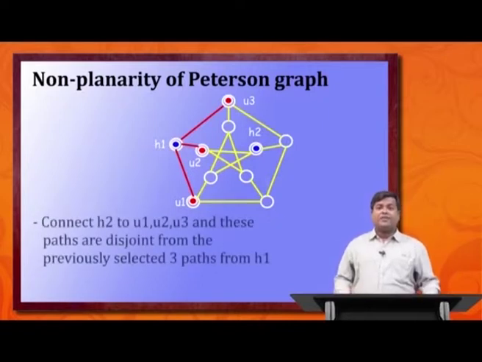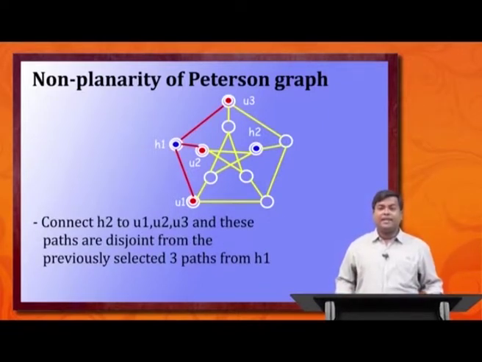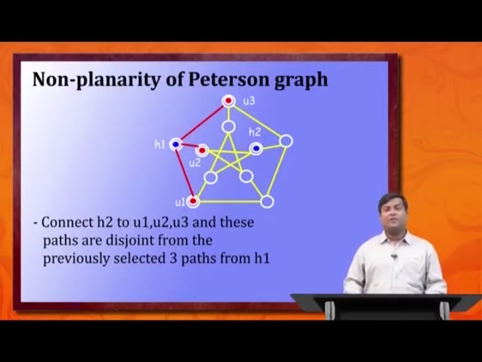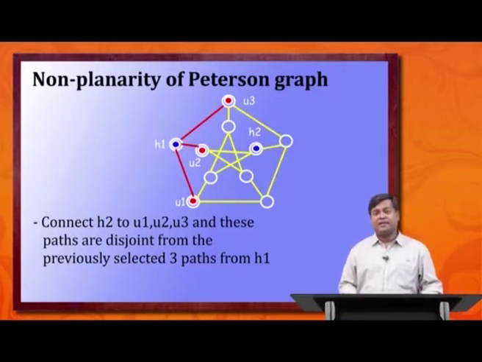Now connect H2 to U1, U2 and U3, and these paths should be disjoint from the previously selected 3 paths from H1. Basically we are trying to find the K33 bipartite graph. Every bipartite graph has 2 groups of vertices. We have marked one group of vertices as U1, U2, U3, and the other set of vertices as H1, H2 and H3. So these are 2 different groups.